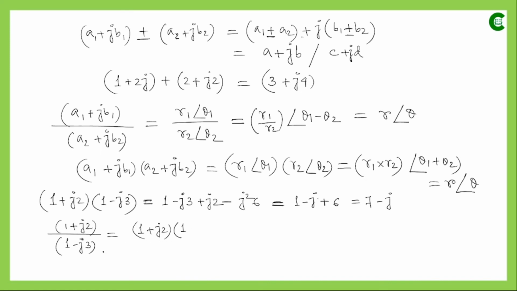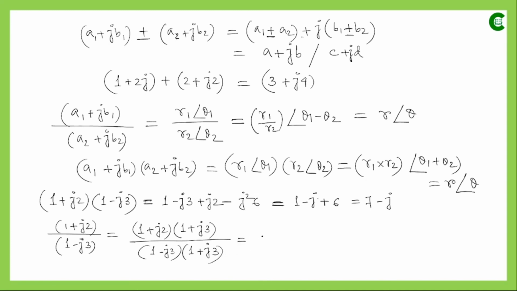In the denominator we have 1 minus j3, so it will be multiplied by 1 plus j3, and in the numerator also we multiply by 1 plus j3. If we do this, then from the denominator we can eliminate the imaginary part. The value that we finally get in the denominator will have only the real part, and we will see next how.